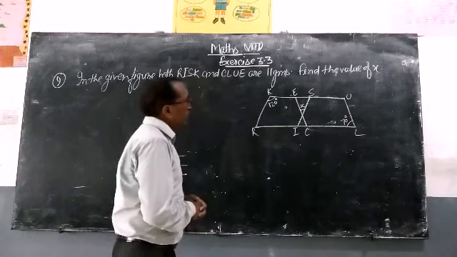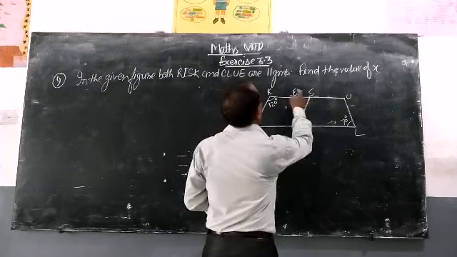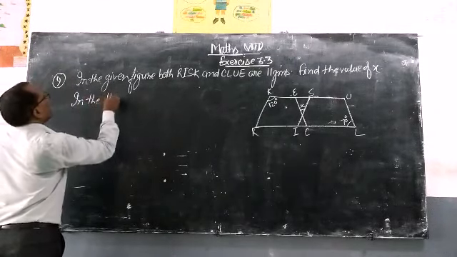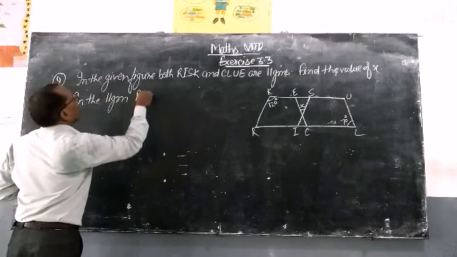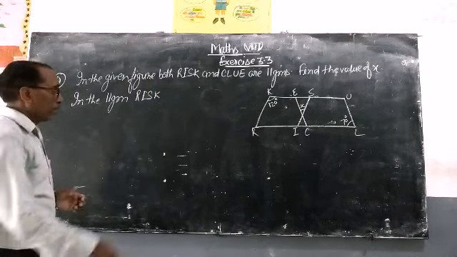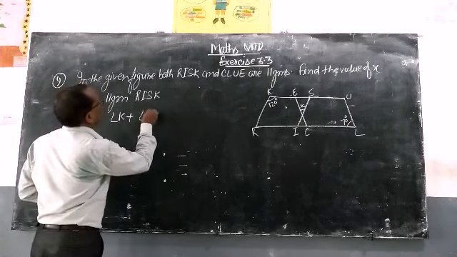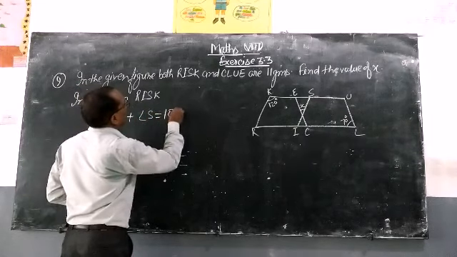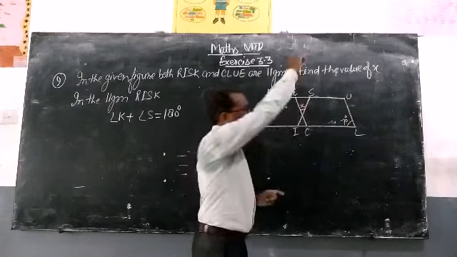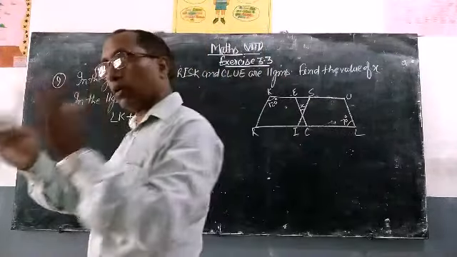For this, first of all, you take parallelogram RISK. In parallelogram RISK, angle K plus angle S is equal to 180 degrees, because these are adjacent angles of a parallelogram.